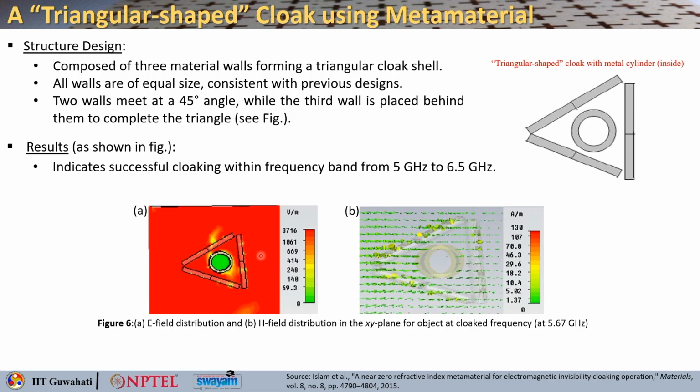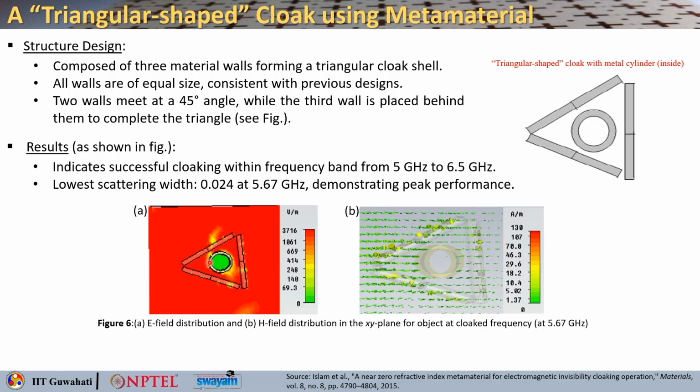You see the surrounding medium more or less everywhere the electric field remains constant. There is no separate scattering signature revealed of this particular object. That way you are able to get a triangular shaped cloak using metamaterials.